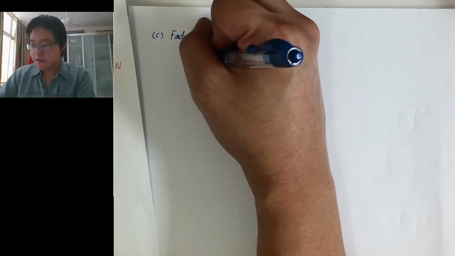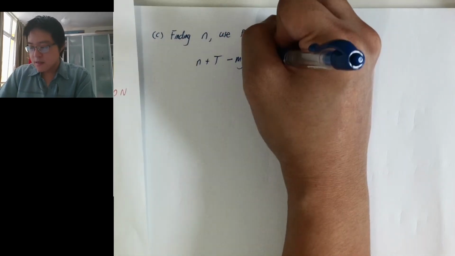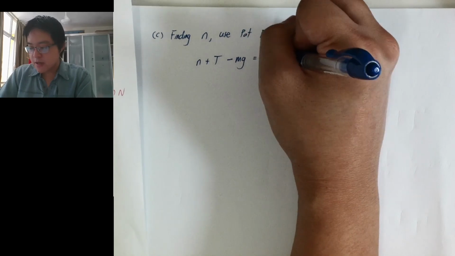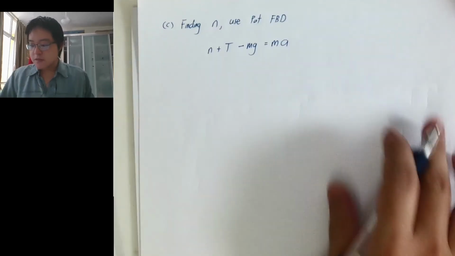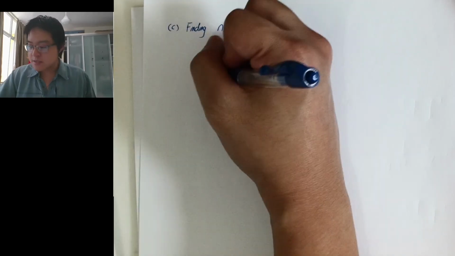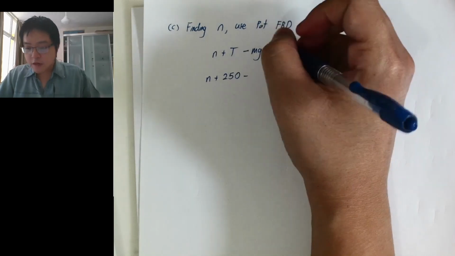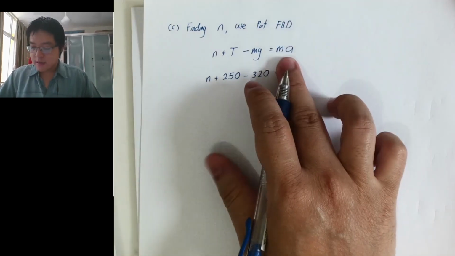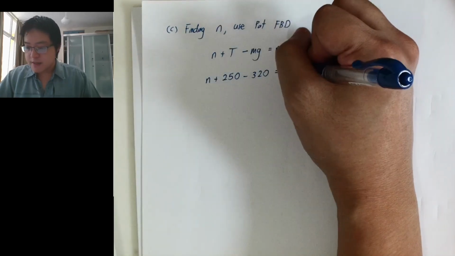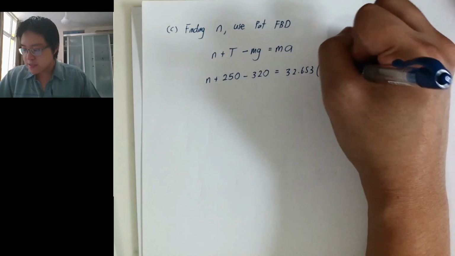So the net force is N plus T minus the weight, and it is accelerating. We have also calculated the acceleration. So mass times acceleration is over here. We have all the terms already because T is given to be 250. The weight of Pat is 320. The mass of Pat is 32.653 kg, and we computed the acceleration is 0.408.